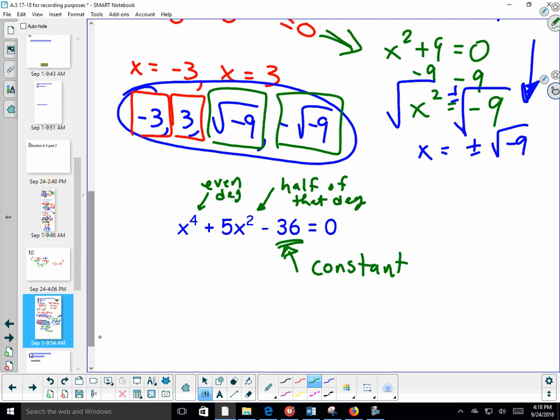And that means it may be possible to factor, may factor by using product sum.